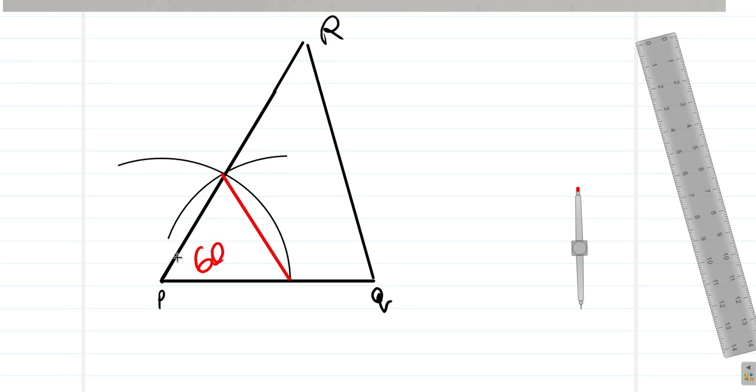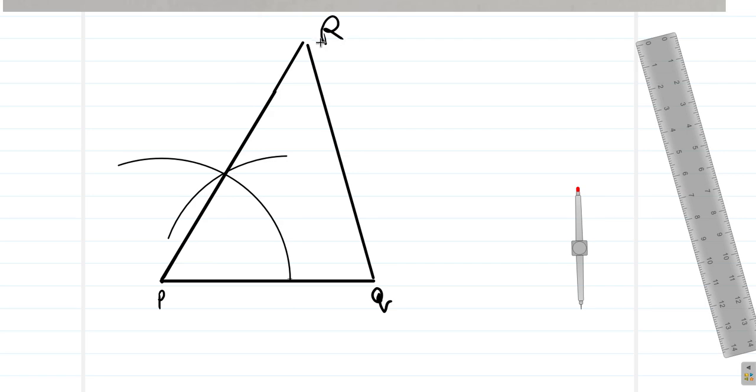So this line and this line of this little triangle here, they are all equal. So this must be 60, this must be 60, this must be 60. You see that? So it's really a little equilateral triangle you have right down the corner there. Right? So that's a 60-degree angle.